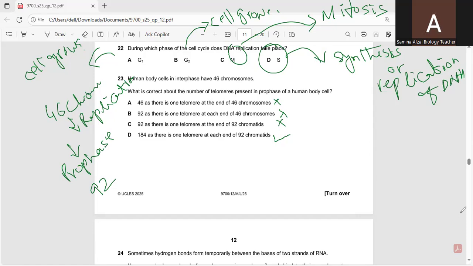So we multiply 92 by 2, which equals 184. A telomere is a protective cap found at each end of the DNA molecule, or chromatid, you can say. Each chromatid is a separate DNA molecule. It has two ends. Therefore, the number of telomeres will be 184. So according to this, D is the correct option.